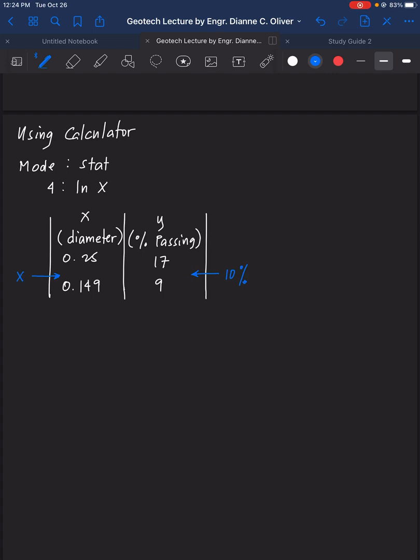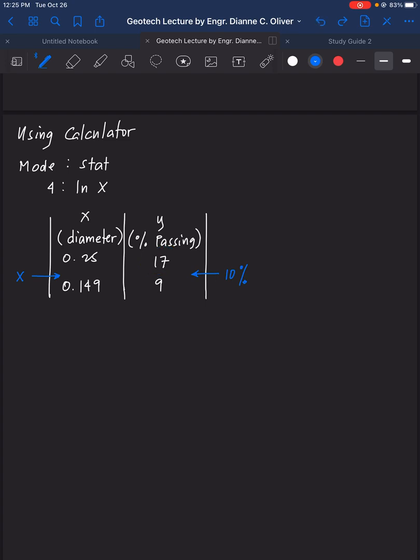Input in your calculator the first row as 0.25 equals, 0.149 equals, and then move to the next column, the y. Input 17 equals, then input 9 equals.